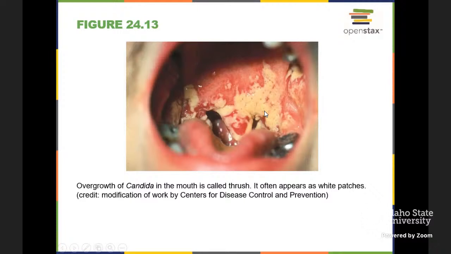This technically is really pretty common with little kids, just as their bodies are getting colonized with all sorts of things. Thrush can be a common ailment with little kids. This doesn't look like a little kid with multiple fillings that I'm seeing in here. I'm thinking a bit older. So truly depends on circumstances.